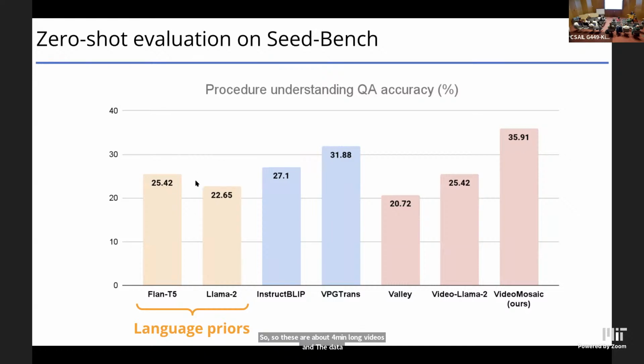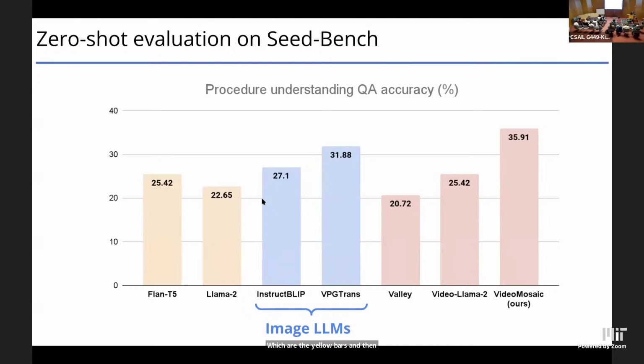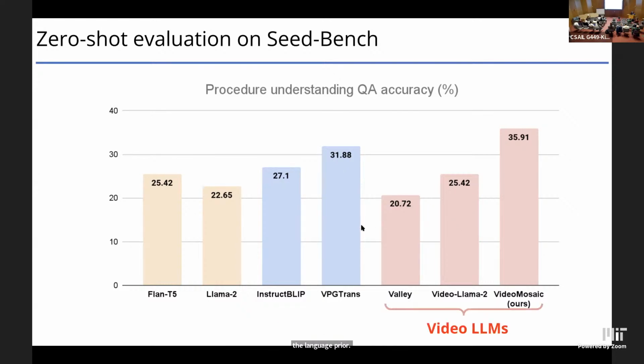Again, we tried language priors, which are the yellow bars, and then we compared to image LLMs, so just applying InstructBlip and other image LLMs per frame and pooling. And some of them outperform the language prior here. And then we have video LLMs in red.